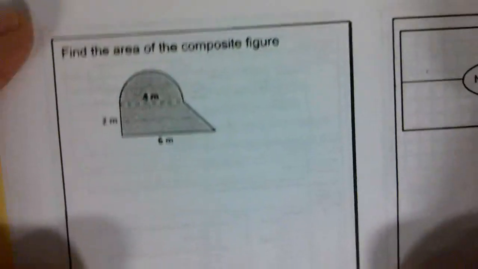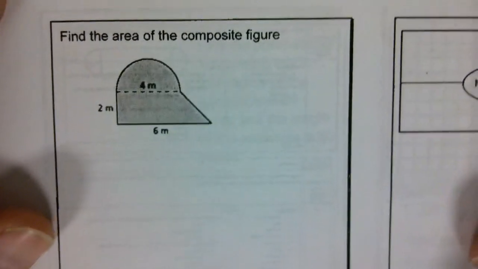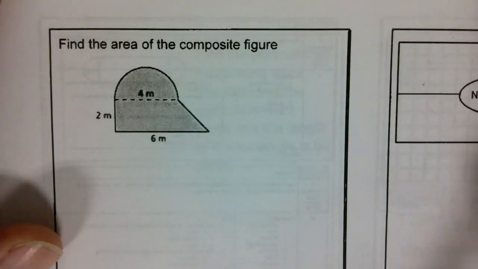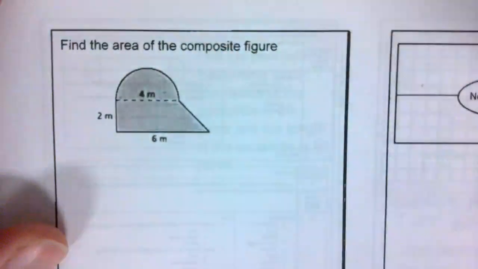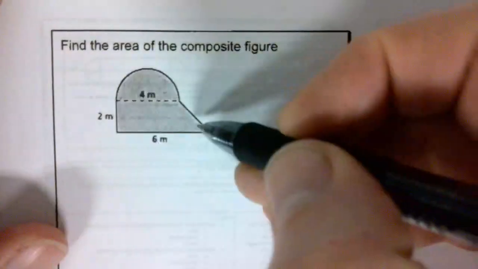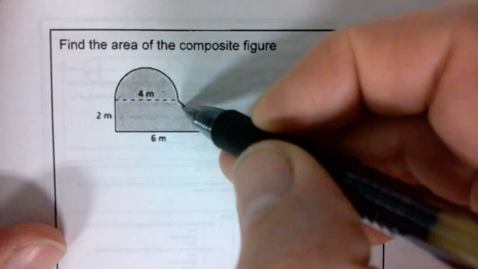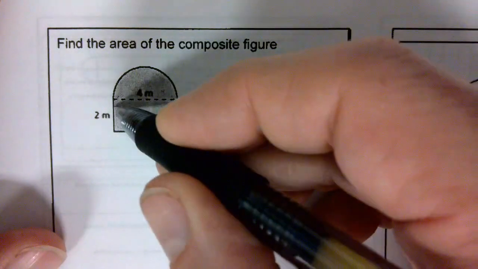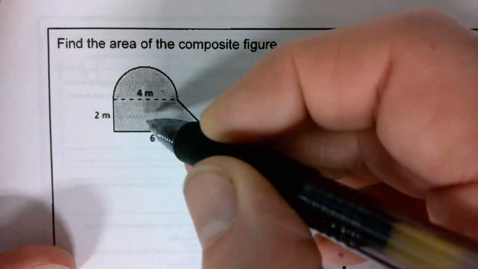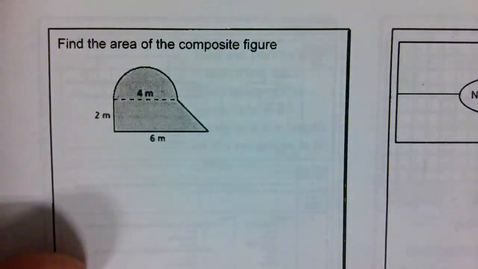What do you see? Last example here for us in these video notes. Find the area of the composite figure. There are two shapes. I got this bubble on top. It's a semicircle. And then this guy. Interesting. So you pick whichever one you want to start with. I'm going to start with this guy on the bottom because what we're looking at here is an interesting shape.